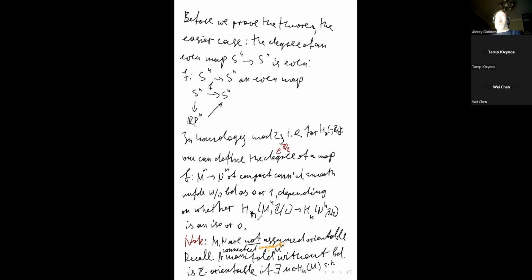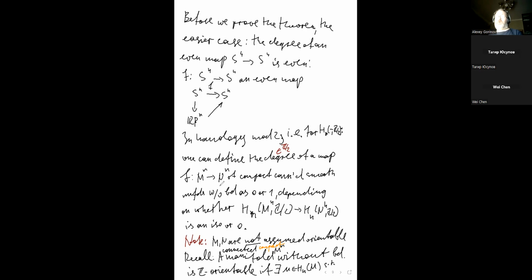And in particular, the map of the nth homology groups induced by a map of compact connected manifolds without boundary of dimension n is either an isomorphism or it's zero.